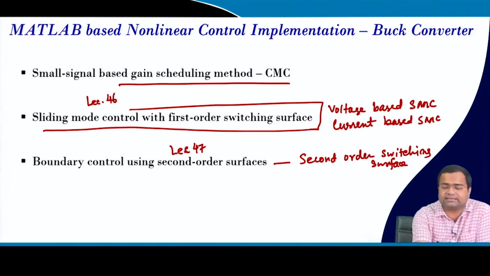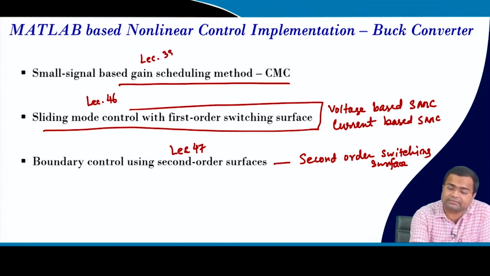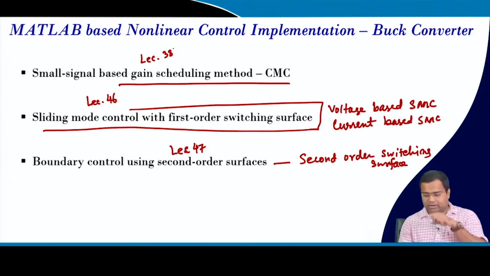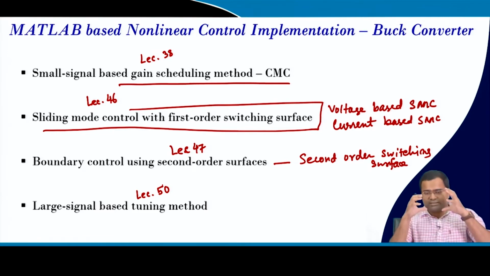And this thing we have discussed in current mode control, lecture number 38. So, all this we have already discussed. Then the large signal based tuning method, which we also discussed in lecture number 50. So, we are just summarizing with the MATLAB case study.